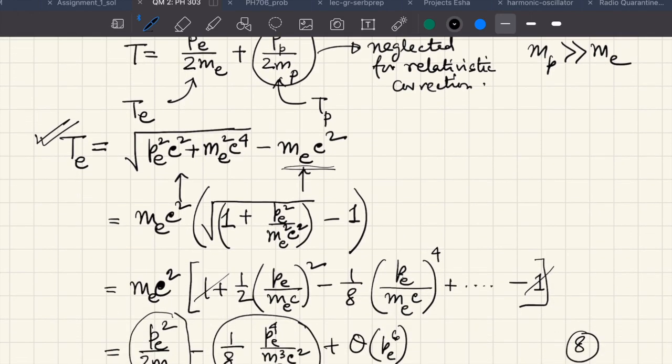And then we did a binomial expansion, and from there we recovered the non-relativistic kinetic energy of the electron, and the relativistic correction is given by pe to the power 4 by me cube c square into 1 by 8. And then we neglected all the higher order terms, which start from pe to the power 6.